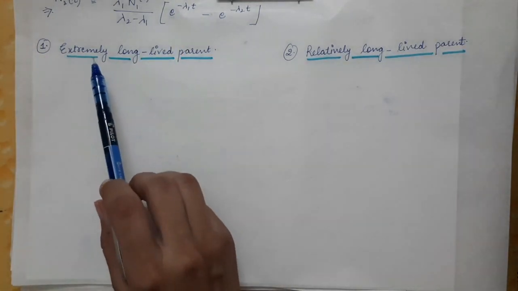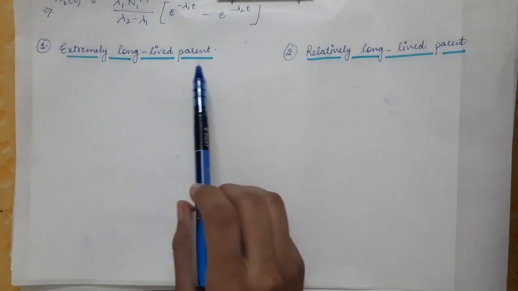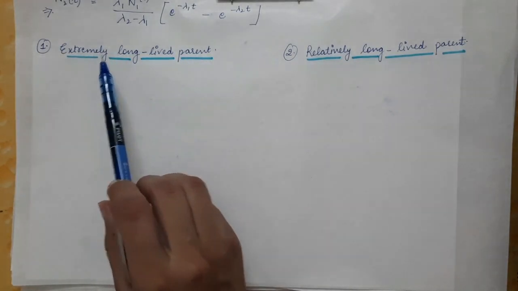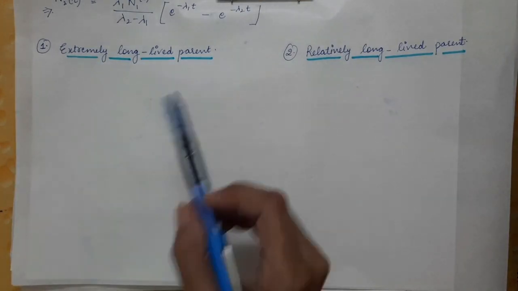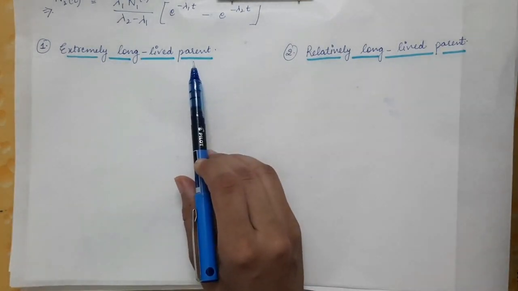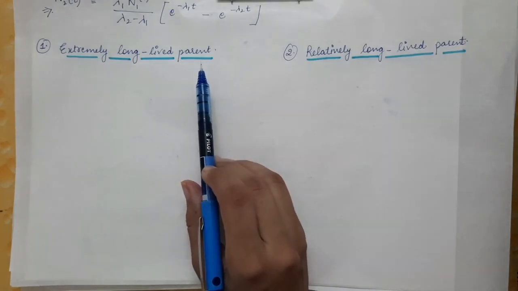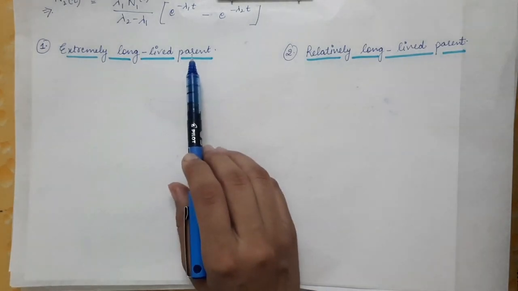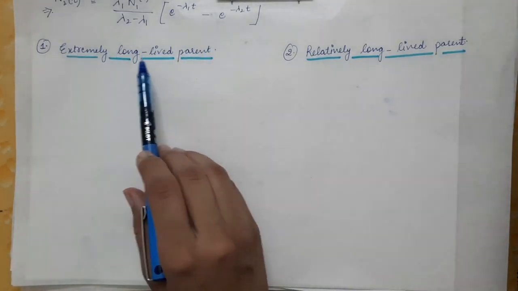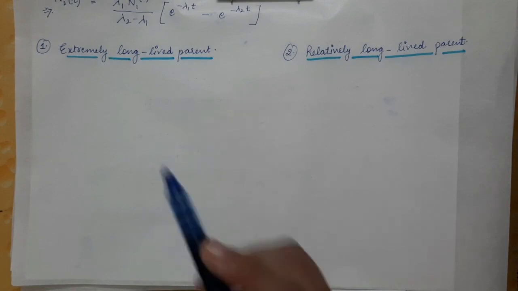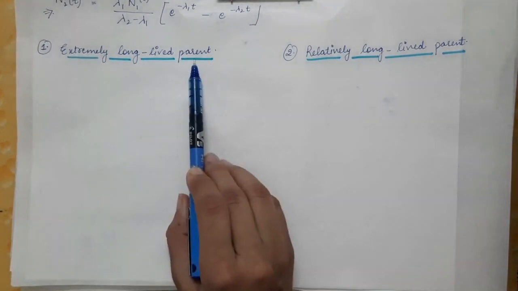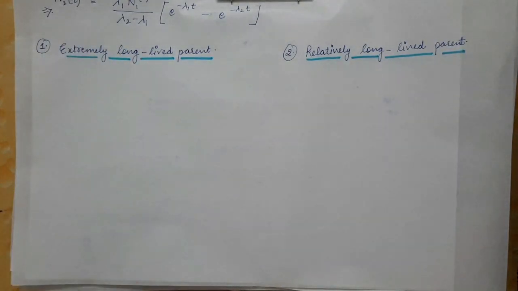First is when the parent nuclei is extremely long lived as compared to the daughter nuclei. The parent nuclei that we had considered, whose decay constant was lambda 1, is extremely long lived as compared to the daughter nuclei in which it decays. So what will be the formula that we will get?